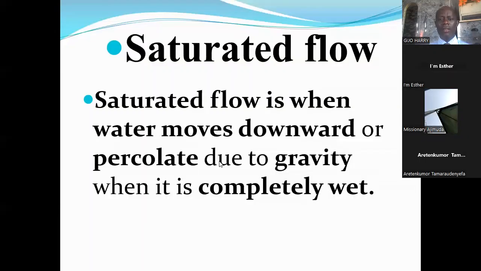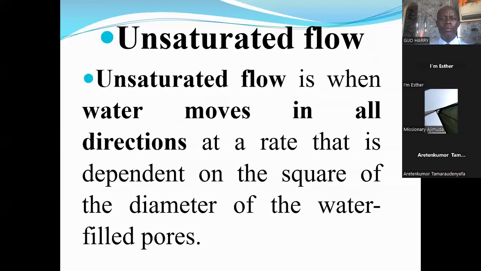Now, in saturated flow, water moves in a downward direction as a result of gravity, when the soil is completely wet. In unsaturated flow, the water moves in all directions, particularly when there is not much water. So saturation means the soil is very wet, and unsaturated means the soil is not very wet.